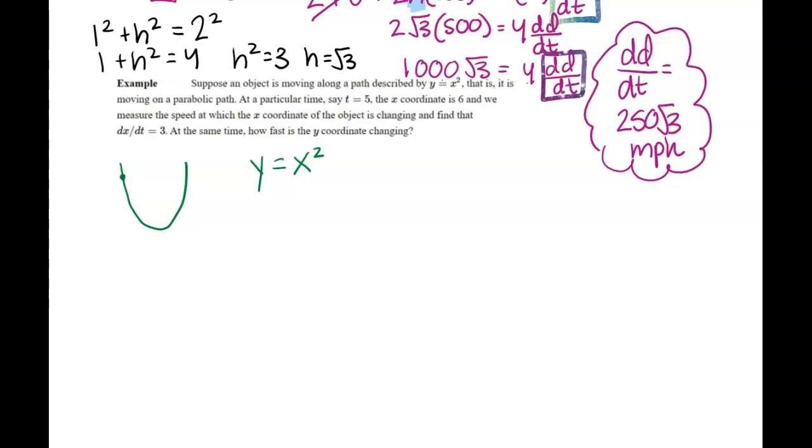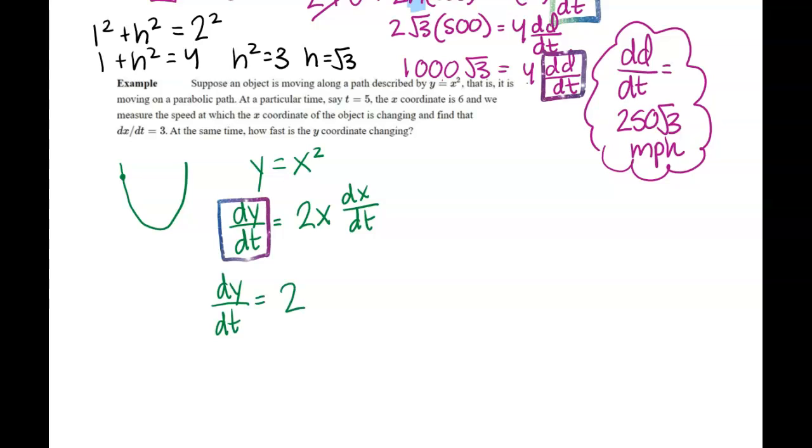So now let's differentiate. We end up with dy/dt equals 2x dx/dt. And then from here, well, dy/dt, that's what we're trying to find, right? So we'll leave that. dy/dt equals 2. Well, at t equals 5, I don't really care if t equals 5.